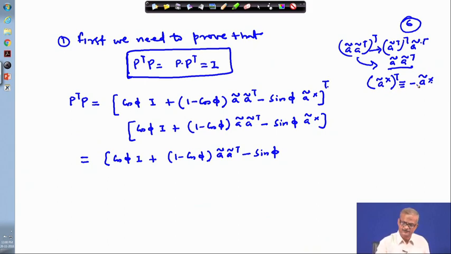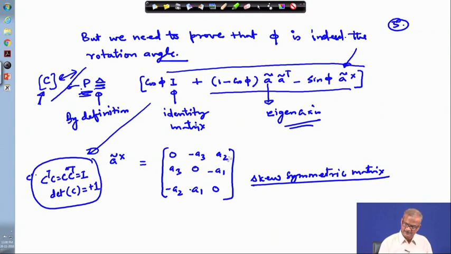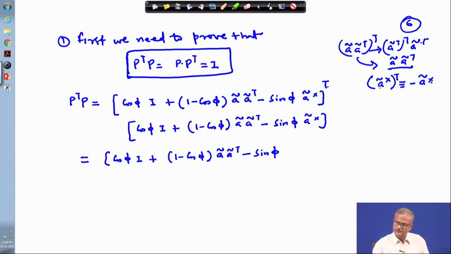So, if you take the transpose as on the previous page, the minus sign will appear here, and here the plus sign will appear. And then if you take the minus sign, ultimately you will get the A cross itself. This is very simple, and therefore this is A cross transpose.